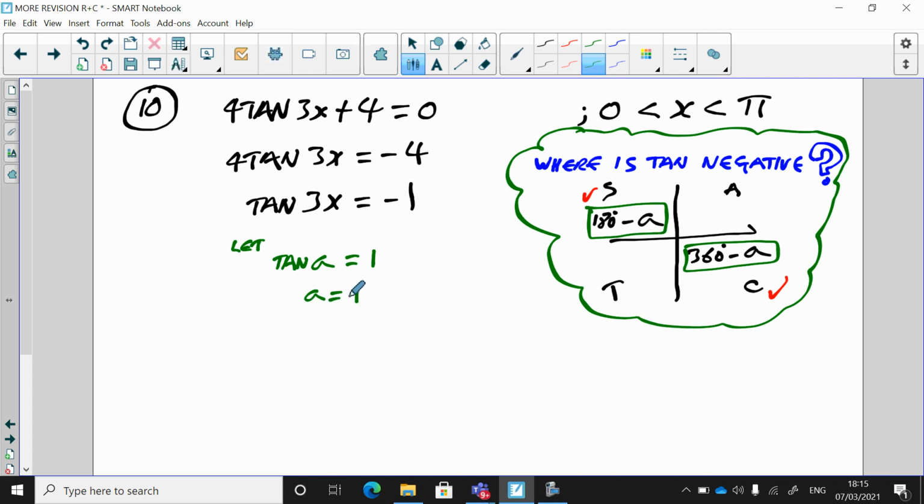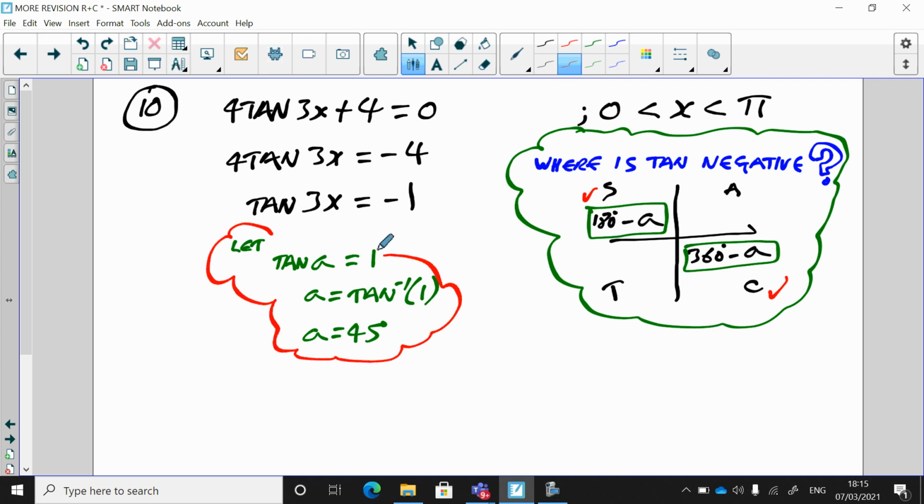So A is the inverse tan of 1, and inverse tan of 1 in degrees is 45 degrees. That's fine. That's us done that part here. So we are going to relate that to our quadrant check. So we've got 180 minus A and 360 minus A.